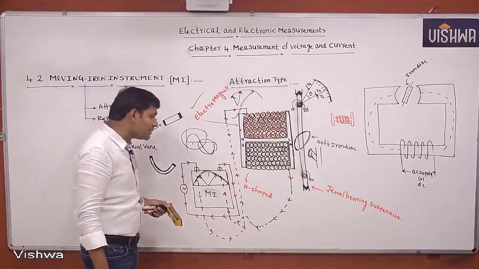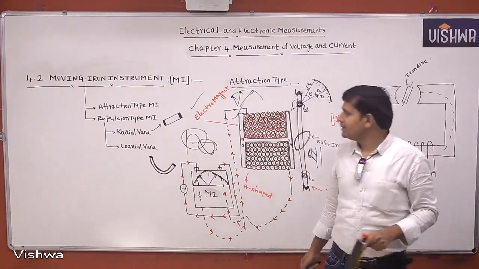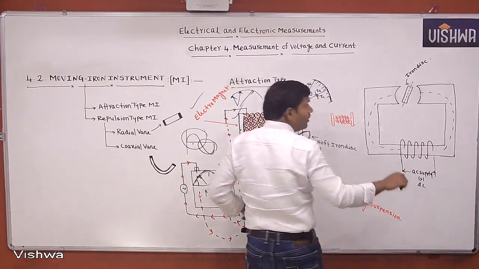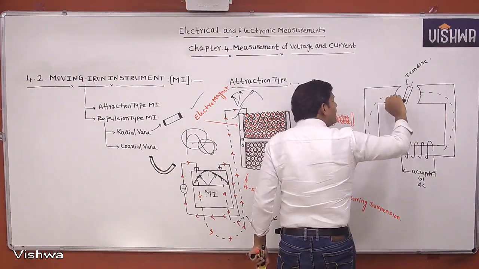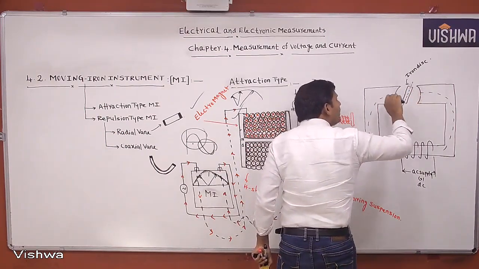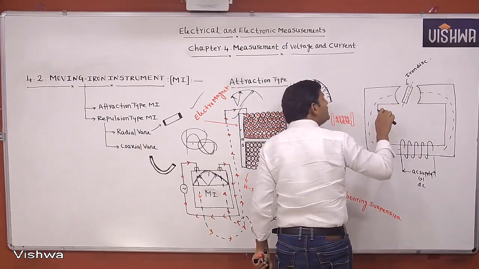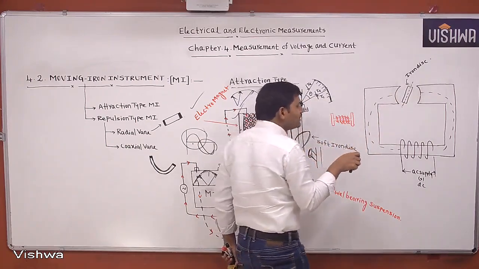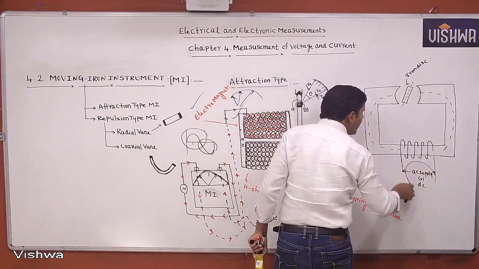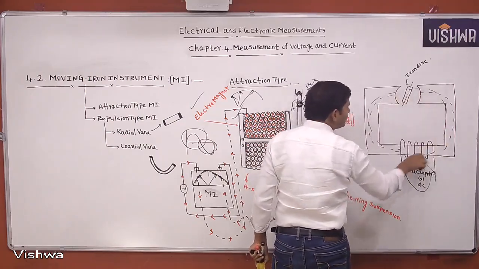This concept can also be analyzed like this. Listen please. Internally, this instrument works on the hysteresis principle. What do you mean by the hysteresis principle? Whenever AC supply is given, it produces the magnetic field.